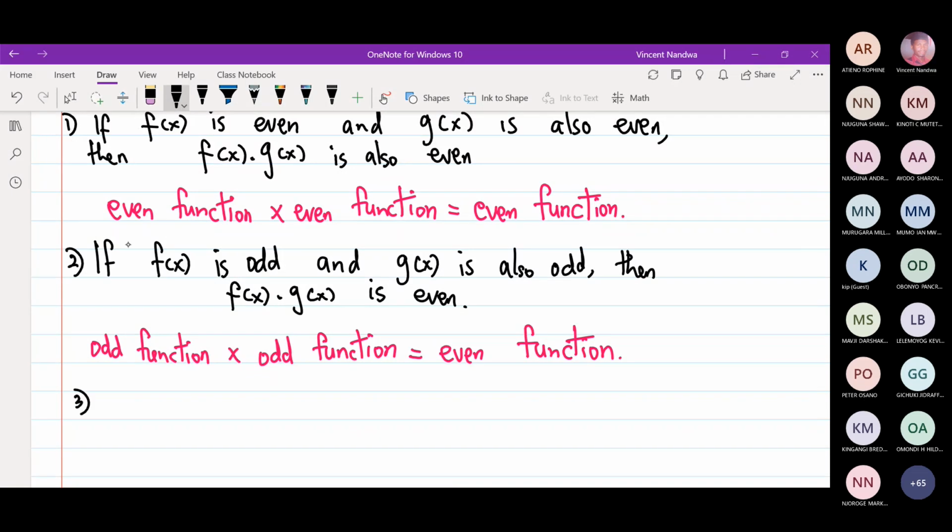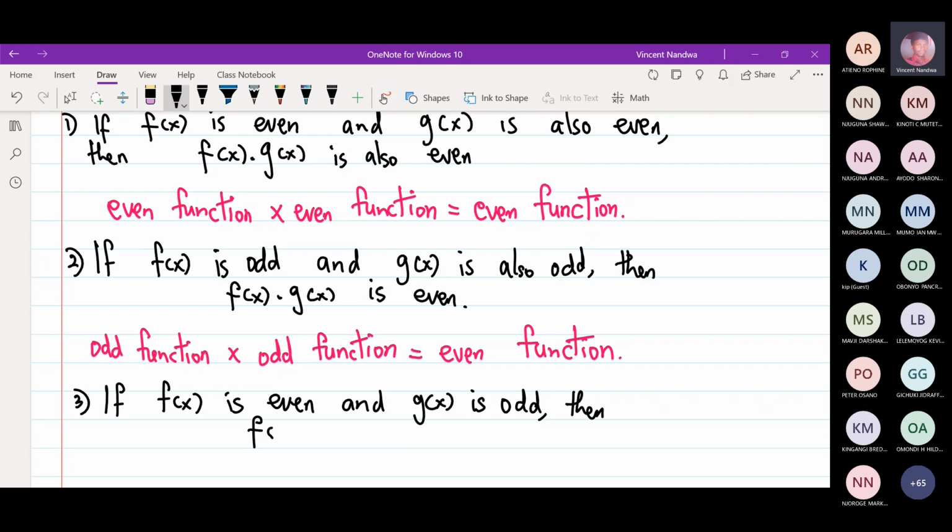Number 3, if f of x is even and g of x is odd, then if I multiply f of x with g of x, I get an odd function.